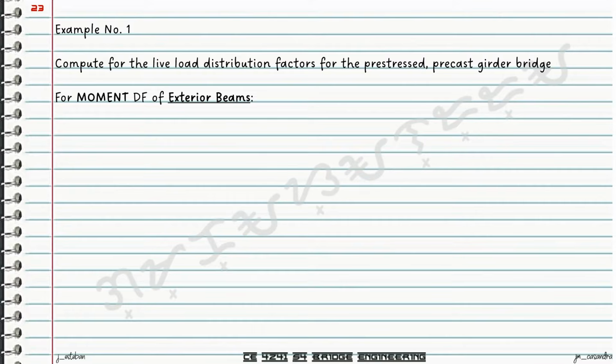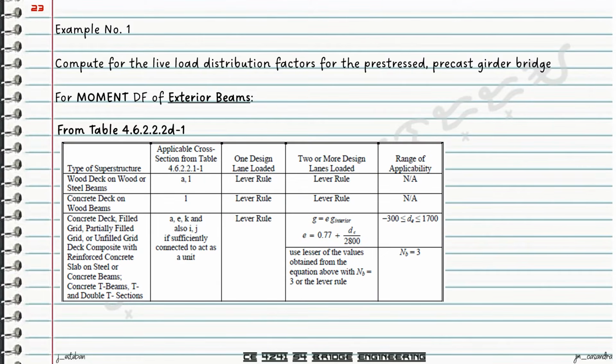The next step is we compute now for the exterior beams. And for exterior beam moment distribution, we use table 4.6.2.2.2d-1. So using this table now, so again, our bridge has a cross-section of K. So therefore, we are going to use these equations for the distribution factor for one design lane loaded or two or more design lanes.